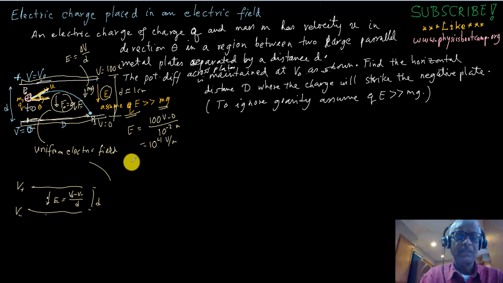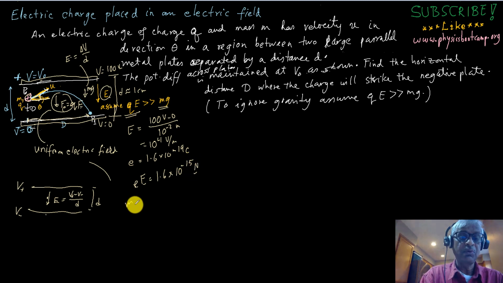Say you take a proton, so the charge q will be 1.6 times 10 to the minus 19 coulomb. Let me check, it's 19. Then qE will be 1.6 times 10 to the power 19 and 4 makes it minus 15 Newton, right?